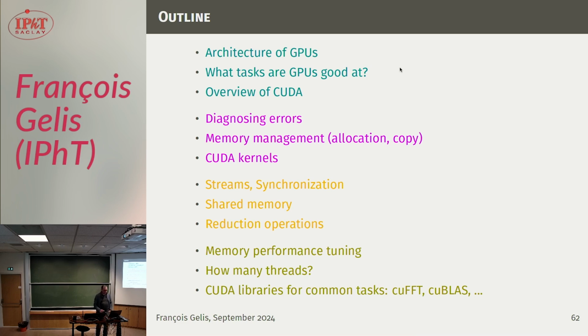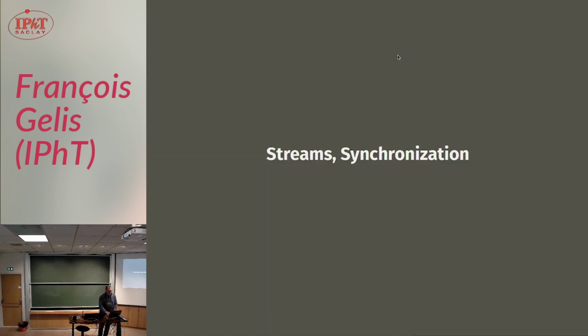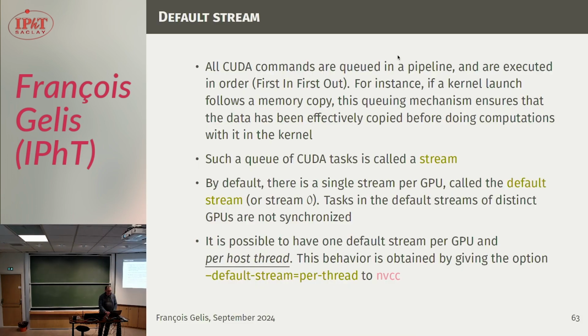And then these are the topics for next week. So let me start with streams and synchronization. So I think I mentioned that already last week. By default, when you have CUDA instructions, they are queued in a sort of pipeline, and they are executed in order.